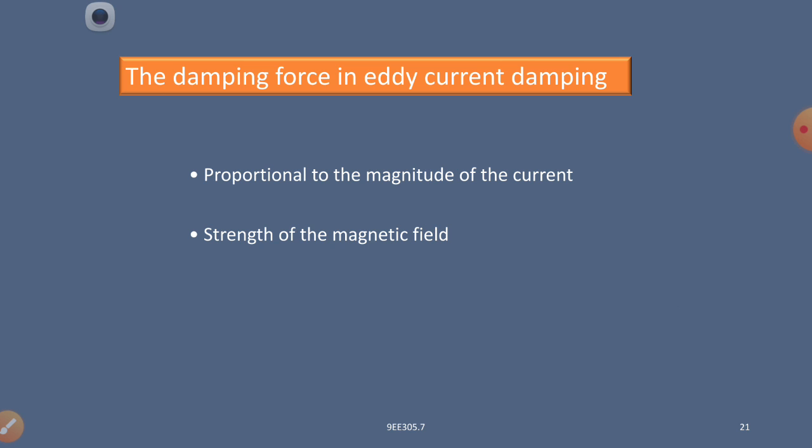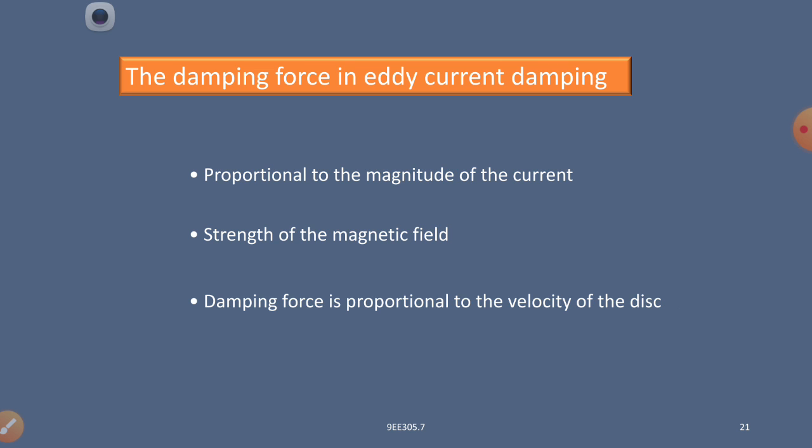The strength of the magnet also matters: if the strength of the magnetic field is more, then more EMF is induced and more flux is produced, so more opposition takes place. The damping force is also proportional to the velocity of the disc. If the disc is moving very quickly, then the rate of d phi by dt increases, so there is more flux and more opposition.